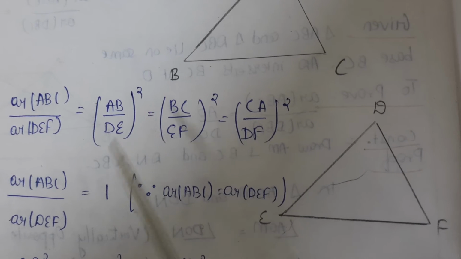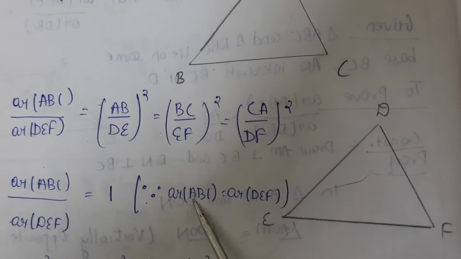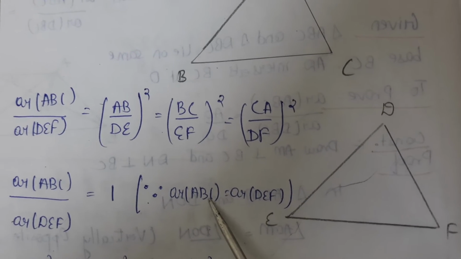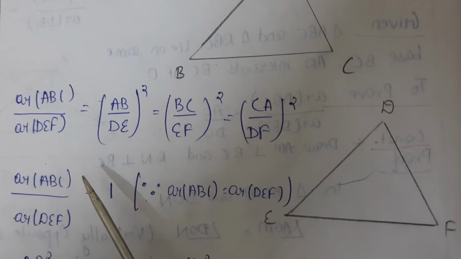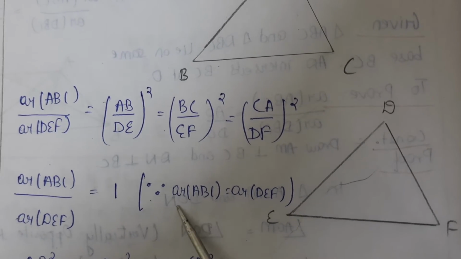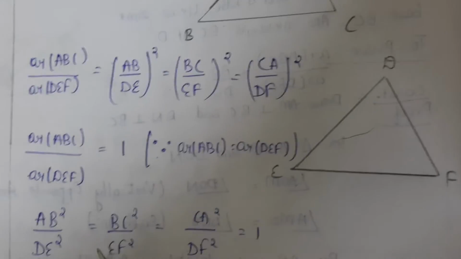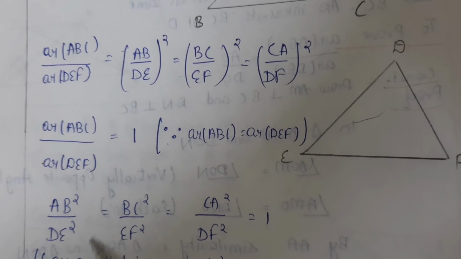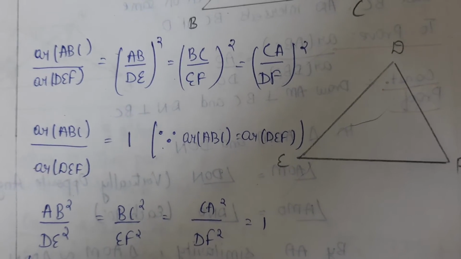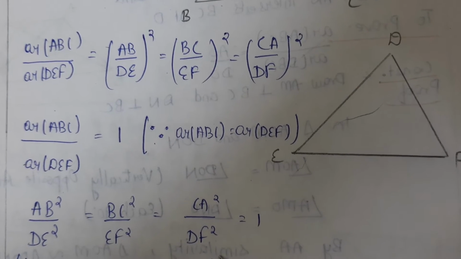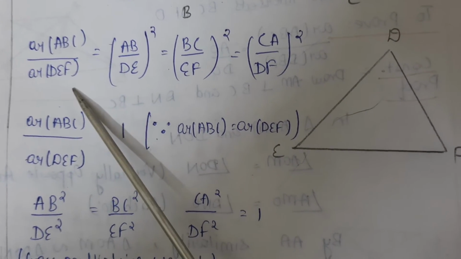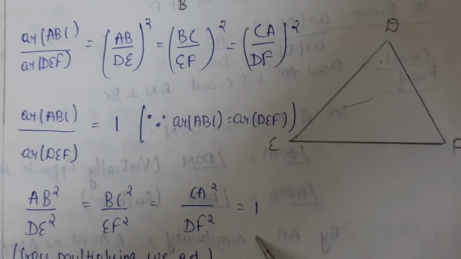Now, since area of ABC is equal to area of DEF, as given in the question, area of ABC by area of DEF will be equal to 1. So AB square by DE square is equal to BC square by EF square is equal to CA square by DF square is equal to 1, because this is all equal to area of ABC by area of DEF.